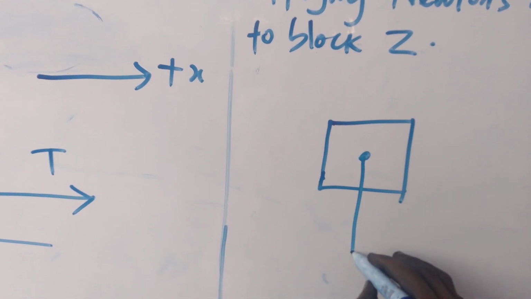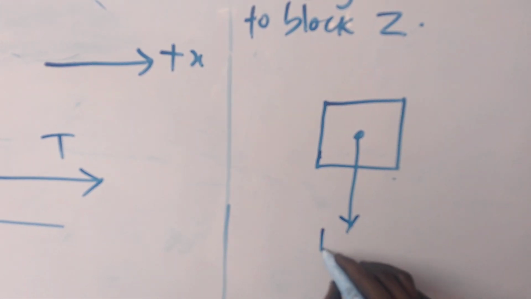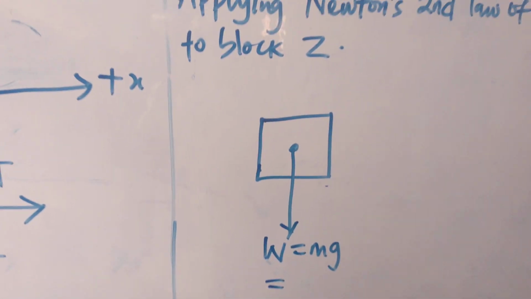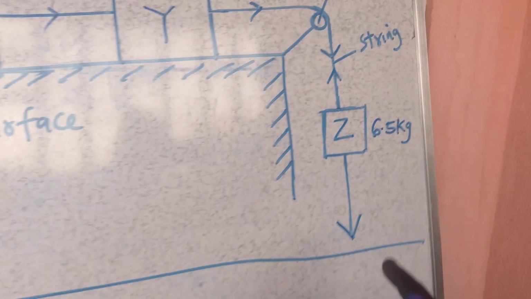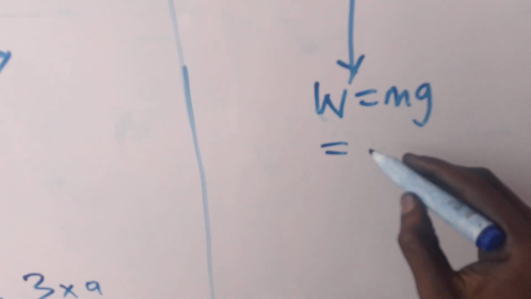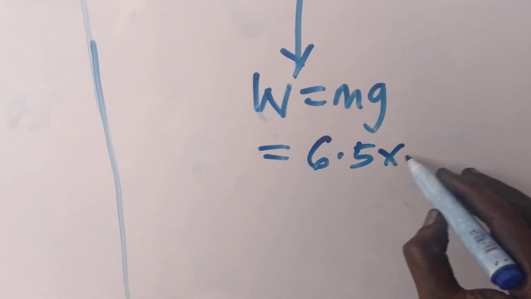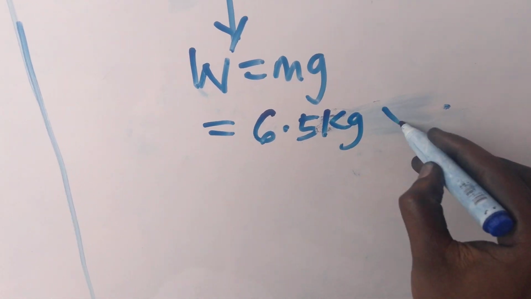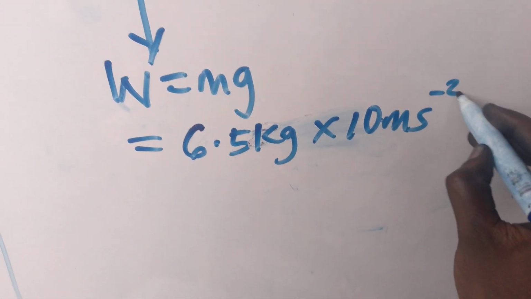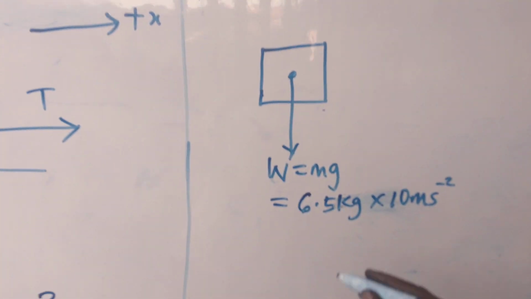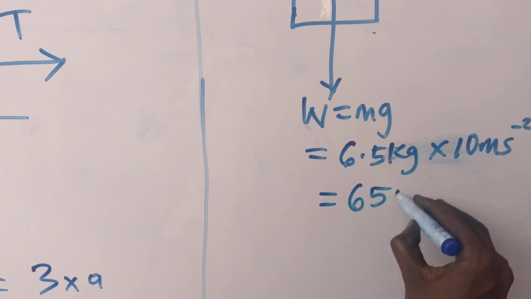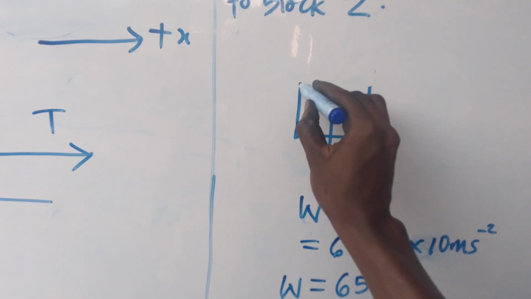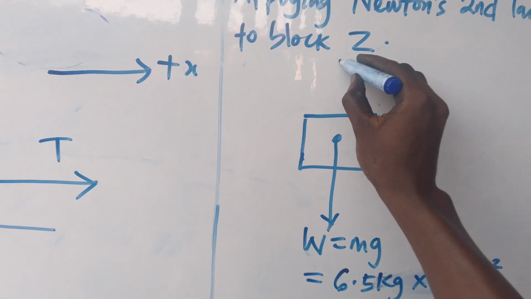This is the weight of the block acting downwards. The weight is equals to mg, where the mass of the block is 6.5 kilograms, times 10 meters per second square. So the weight will be 65 Newton. This is the weight of the block. And also you observe that there is a rope connected to this block.